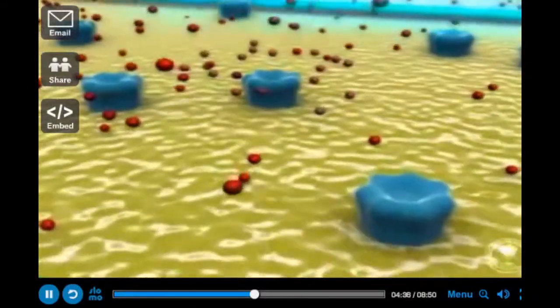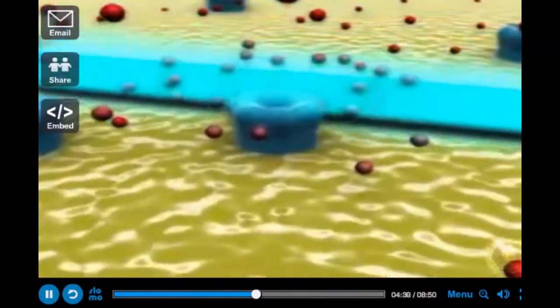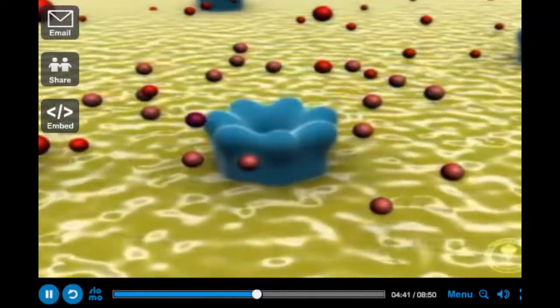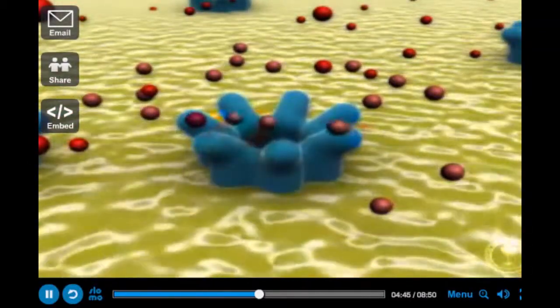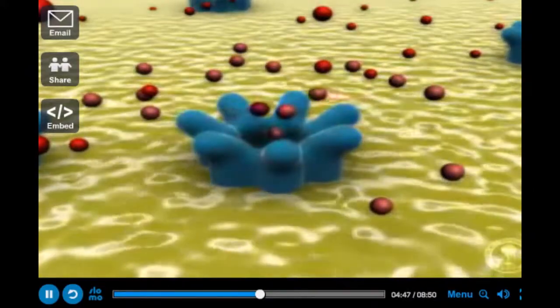Once it reaches the nerve terminal, the motor impulse causes the opening of calcium channels, triggering an influx of calcium ions inside the cell.